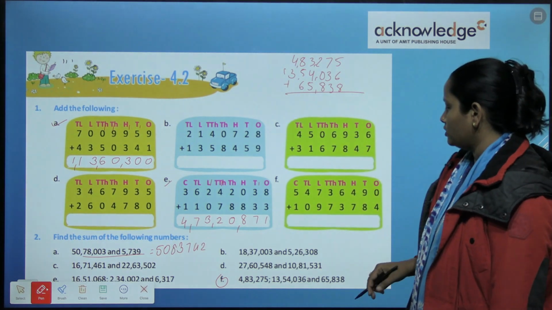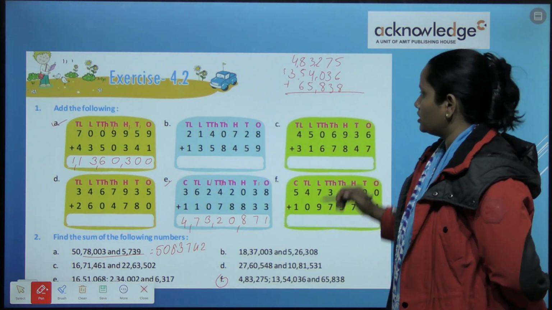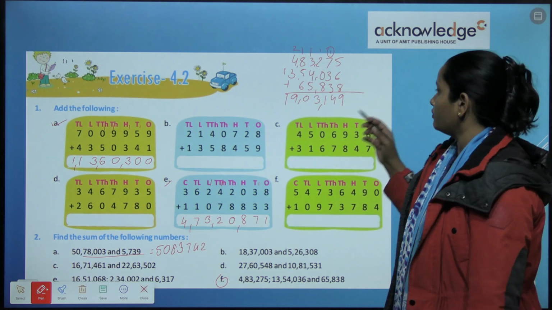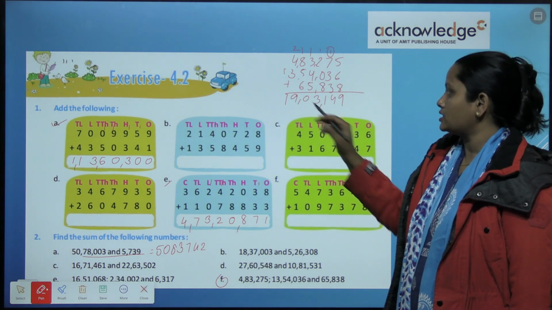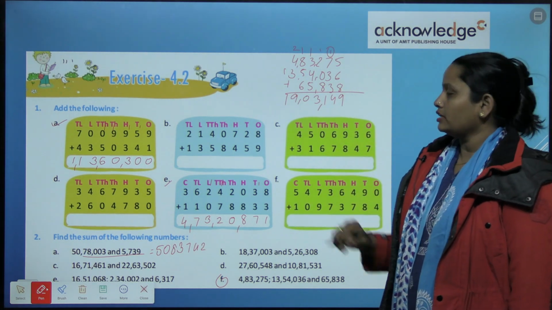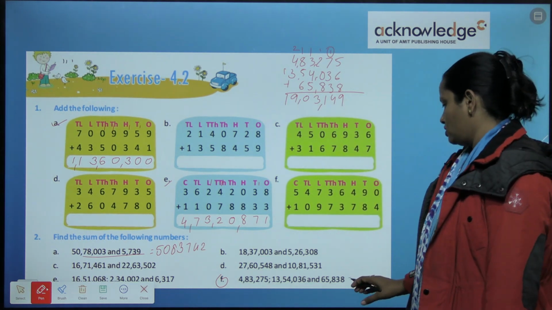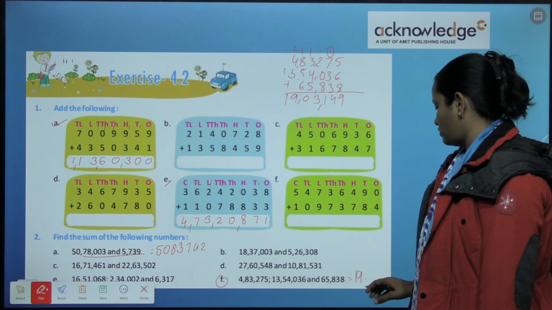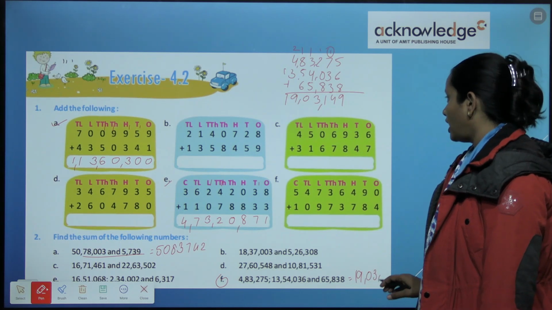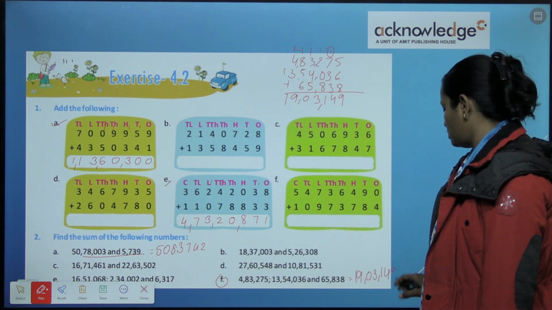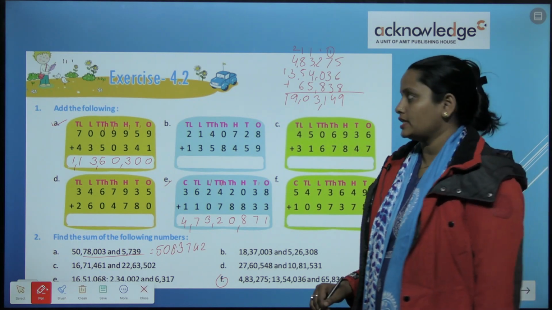Now let's add all these numbers together. So children, after adding we get this answer. The answer is 90,03,149. So similarly, you have to do the rest of the questions that are given to you. I hope this is clear.